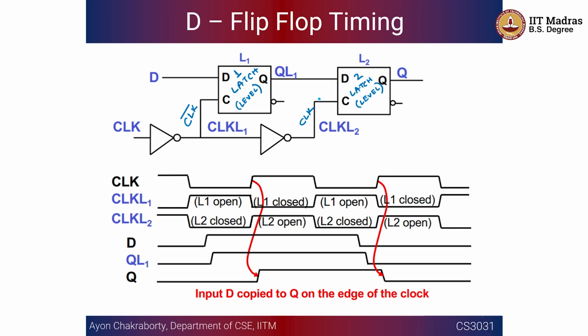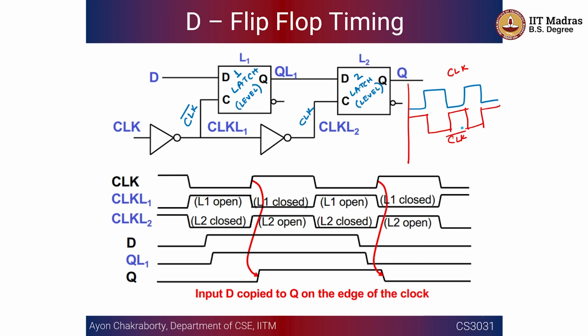So this gives rise to an edge triggering effect, because as you can see, the first latch is going to be triggered. Let's say this is your clock, and I'll draw with a different color. So this is your clock, and the clock bar is going to look like this. This is your clock bar.